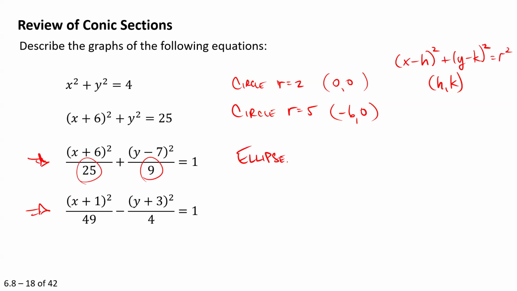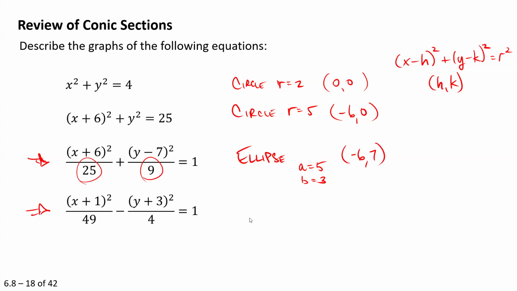No, we still have h and k to contend with here. So it's centered where? -6, +7. And it's got a major axis in the horizontal direction, and it has a minor one on the y-axis of 3.